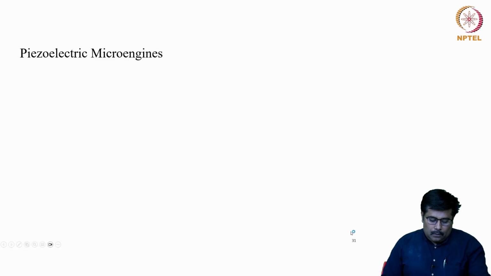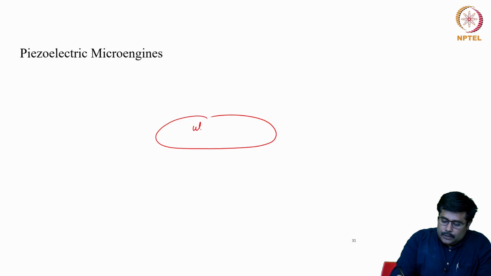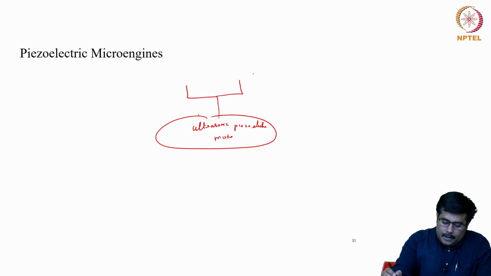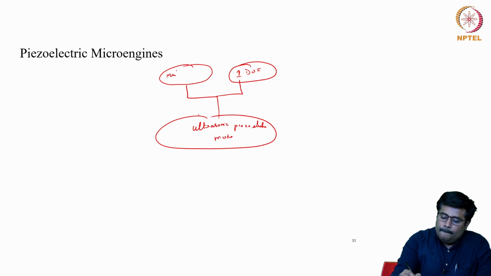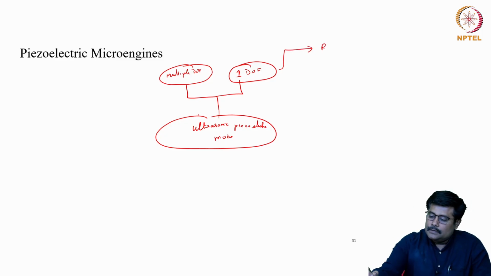If we try to look into the overall classification of this system, the ultrasonic piezoelectric motors are classified based on the degrees of freedom, like either it might be 1 DOF or it might be multiple DOF.